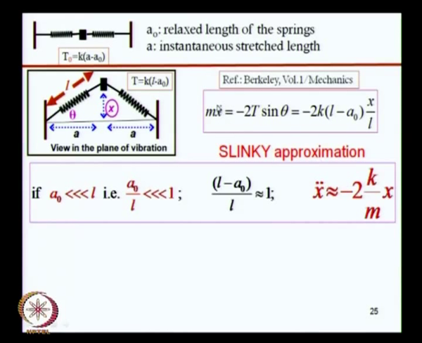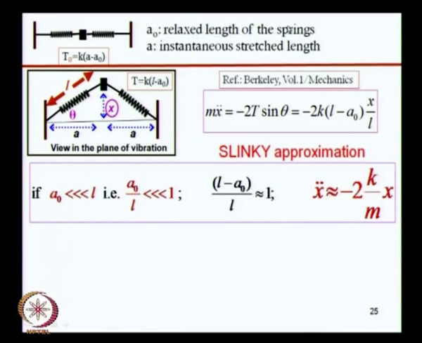The resultant approximation is this: x double dot. If you take m to the other side of the equation, it will come in the denominator. So, this will become minus 2k over m times x, in the approximation that (L minus a0) over L is nearly equal to 1. Now, this is obviously not exact, nevertheless it is a good approximation provided a0 is much less than L. What are we talking about?